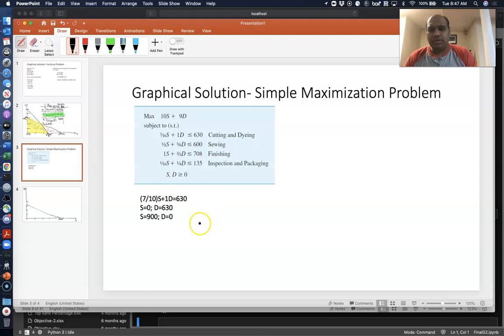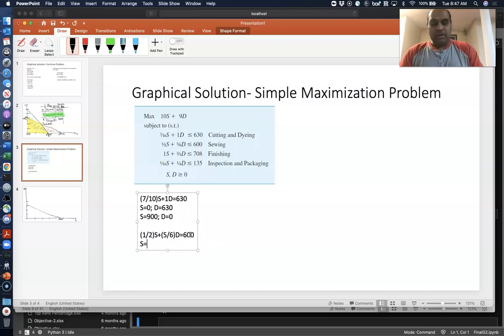Let's take the second line, so it'll be half of S plus 5/6 of D is equal to 600. Right?